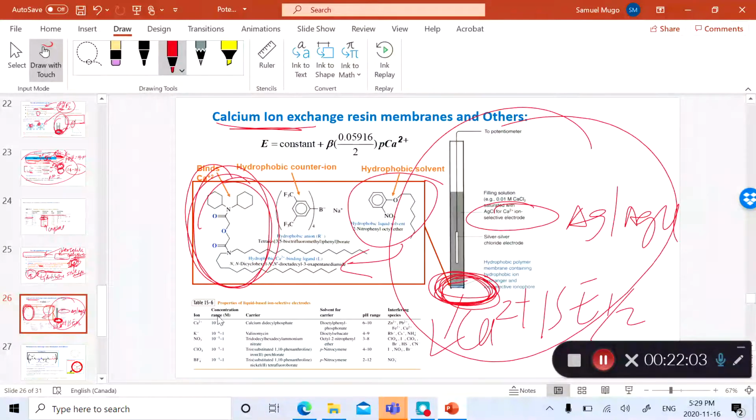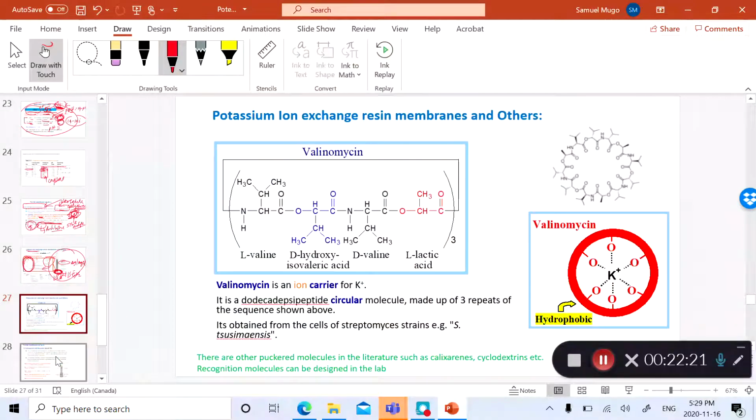Now, other examples, maybe just to give you examples here, I've already said calcium, you can use this type of ionophore. Potassium, you can use valinomycin, which is an antibiotic, as an ionophore, and so on. And there are many in the literature as well that you can check. But maybe just to explain a little bit about valinomycin, which is a classical example.